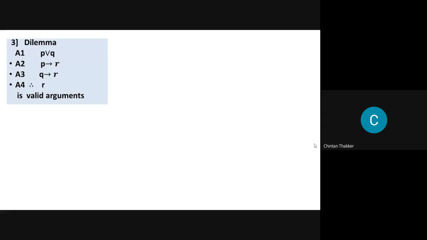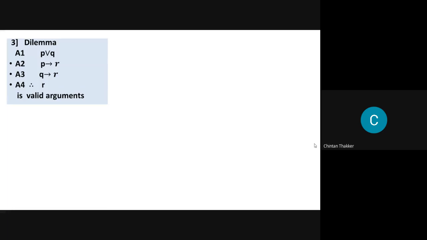This is a dilemma. Here we have three premises and then the conclusion: P or Q, P implies R, Q implies R, these three premises, and therefore R is the conclusion.